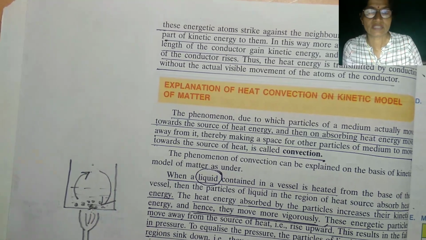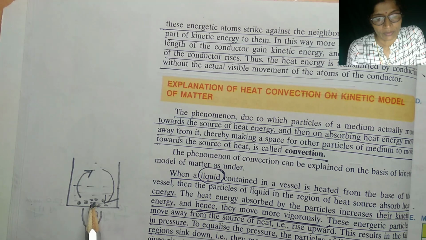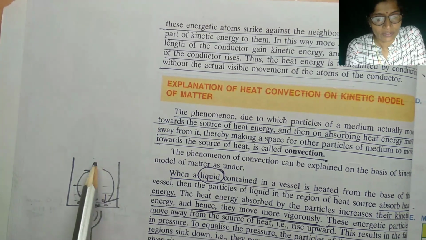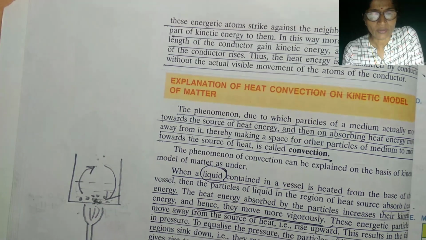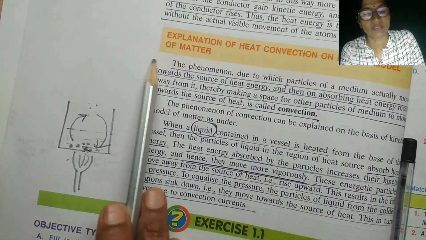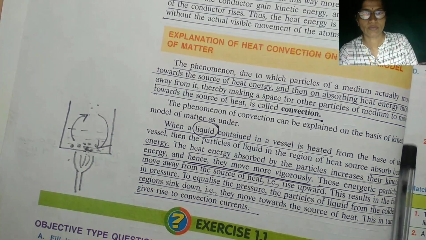This is convection, where the transfer of heat takes place from one region to another by the movement of the particles. So heat convection also we can explain with the help of the kinetic model of matter. So this is all about this chapter.